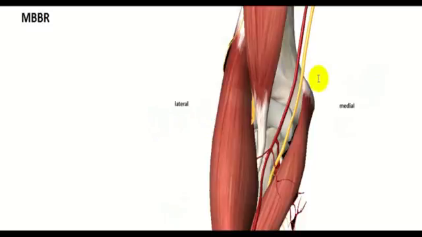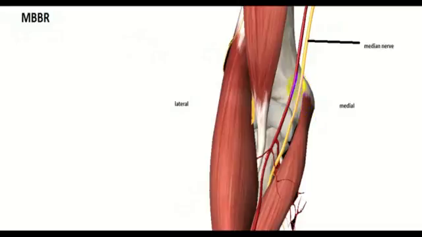From the medial side, as you can see here, we have this nerve, and this nerve is the median nerve. So this is the median nerve, and it is the M I wrote here. It is in the medial side of the cubital fossa.